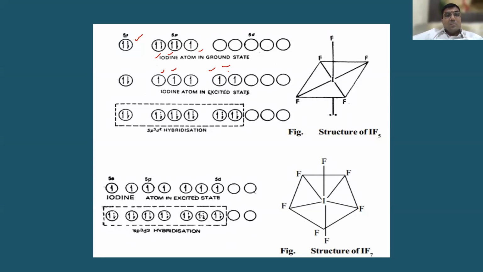This is sp3d2, right? In this sp3d2, one is a lone pair, non-bonding electrons. Actually sp3d2 means octahedral. So there is one lone pair. It leads to square pyramidal geometry. I hope you understood this.